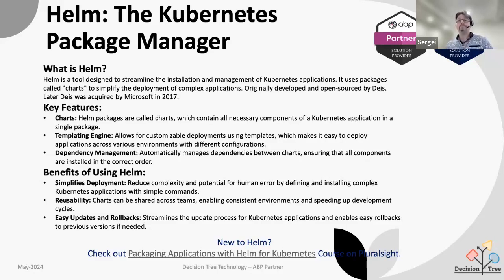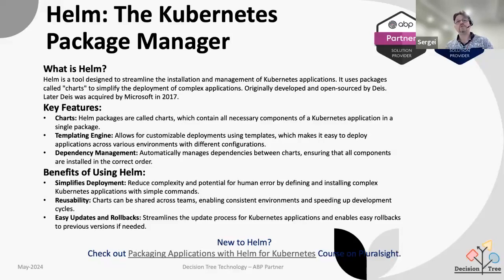So essentially, you can deploy multi-service applications, microservice applications, as well as monolithic applications using Kubernetes and Helm. And very quickly, your DevOps team will feel the benefits of how simple that is.